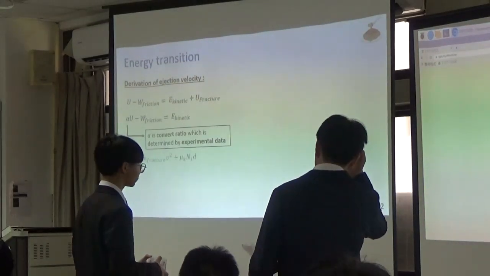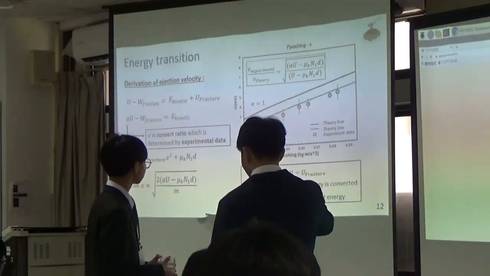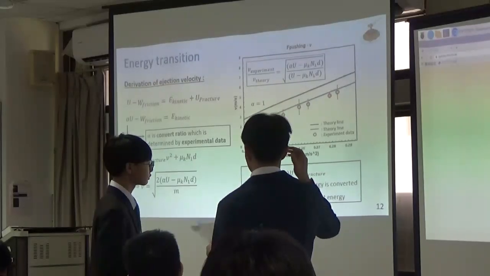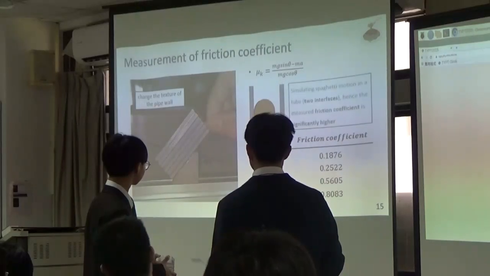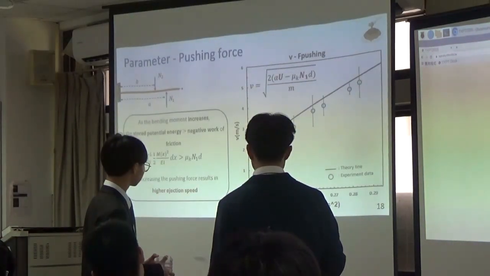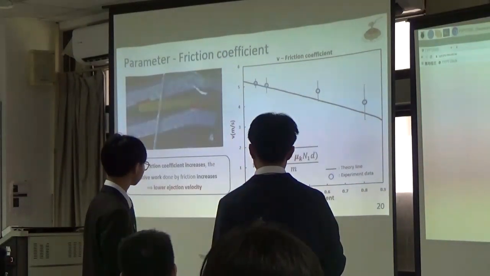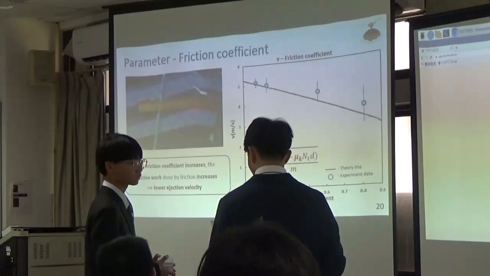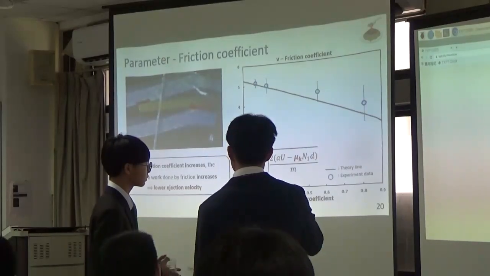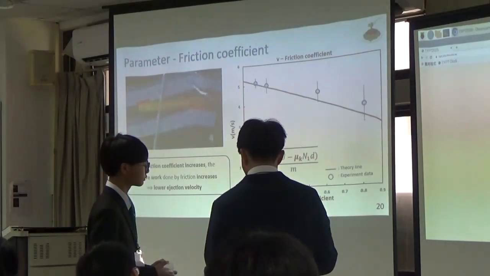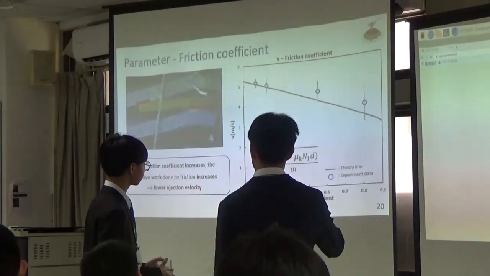Okay, according to your formula, the energy change is like this. Why does the tension formula not consider the friction between the pipe and the spaghetti?